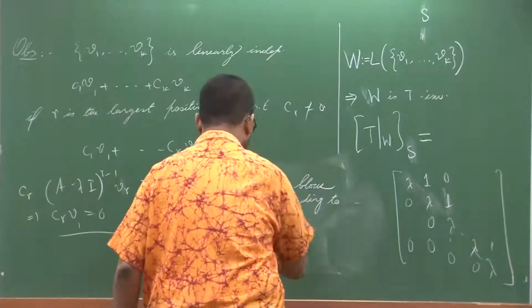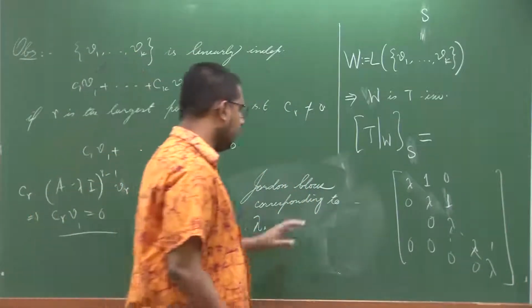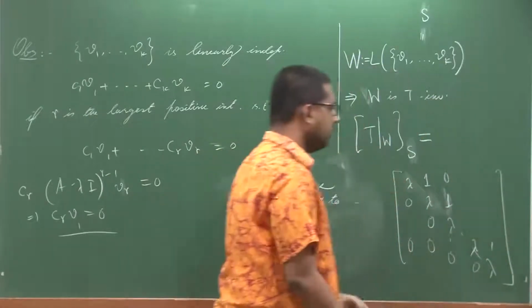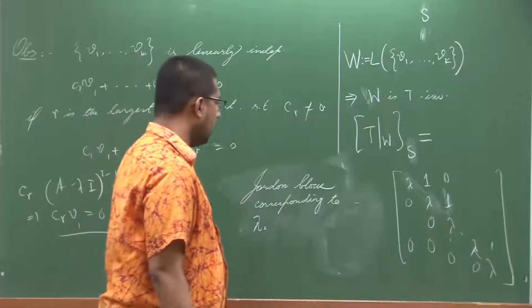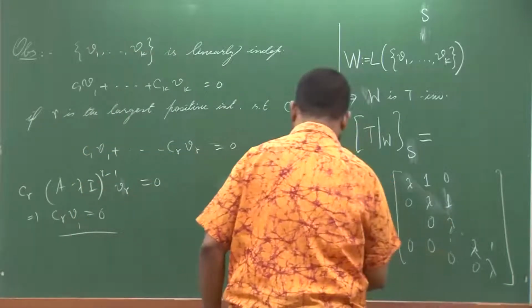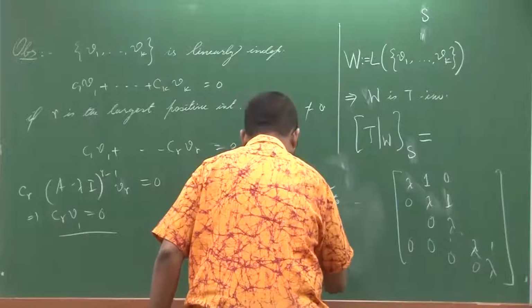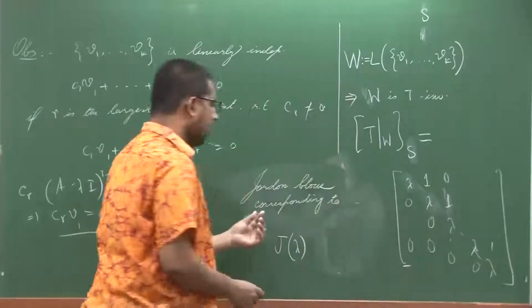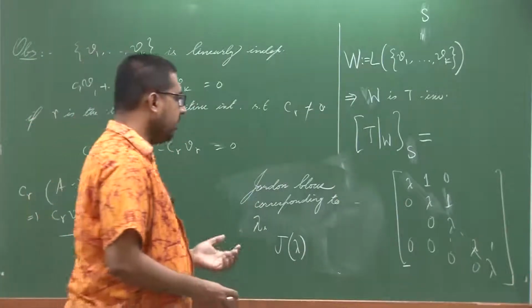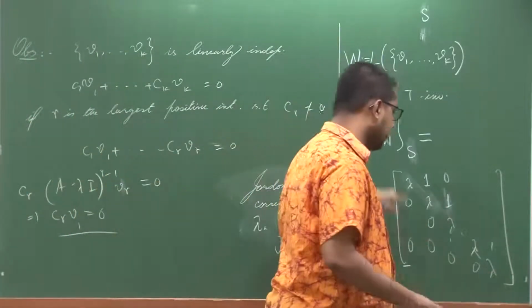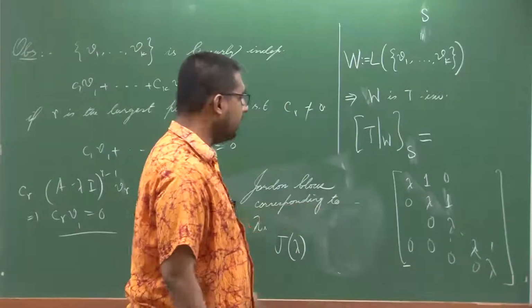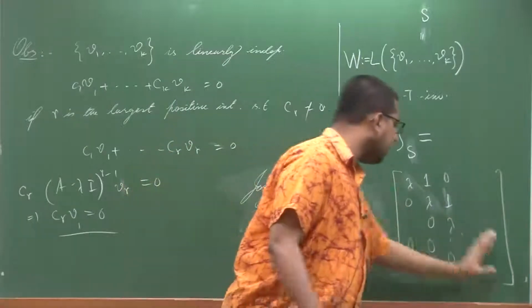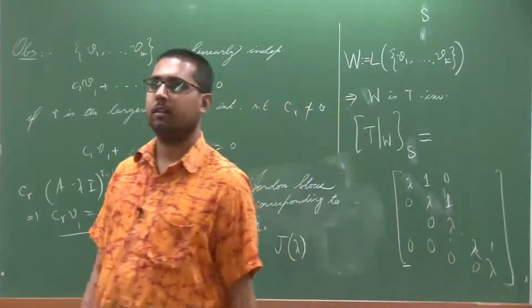By a Jordan block corresponding to the eigenvalue lambda, I will mean a matrix of this form. We denote this by J lambda, and a Jordan block corresponding to lambda is uniquely determined by its size. Given lambda, if I specify the size, let us say k, then there is exactly one matrix of this form.